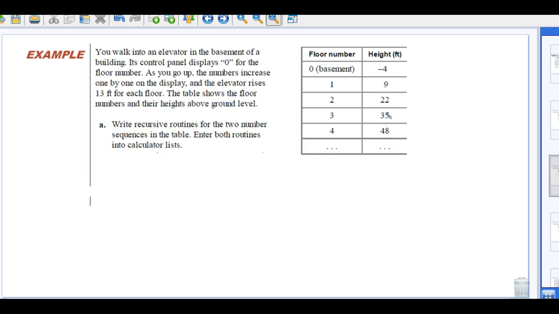First, let's write recursive routines for the two number sequences in the table. Let's look at the floor number. What's happening with the floors? We go from 0 to 1, 1 to 2, 2 to 3, 3 to 4. They're all going up by 1s. So the floor number starts at 0 and goes up by 1.